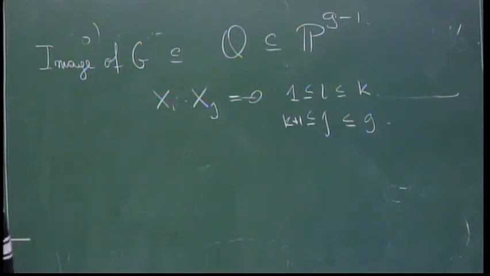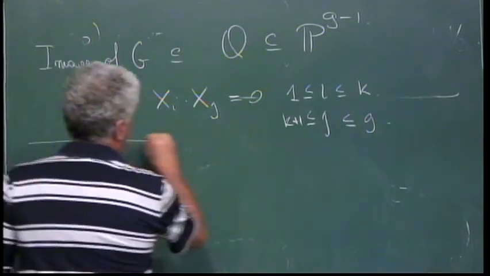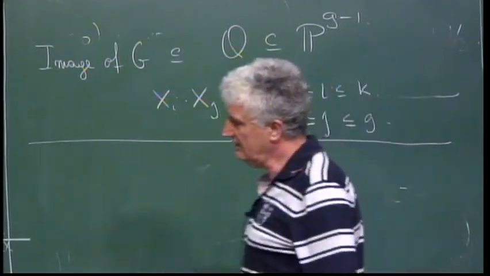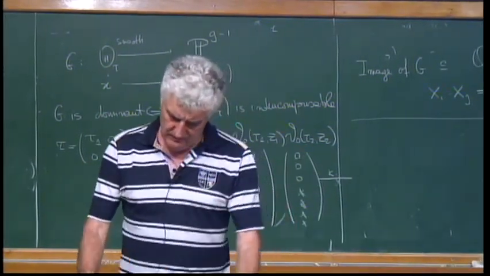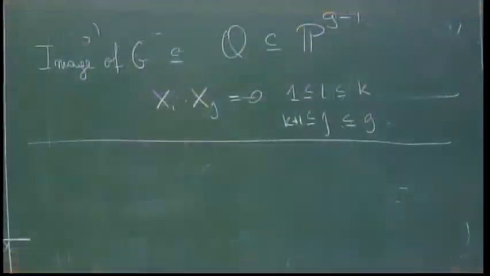This is k. So this is the image of the Gauss map. This is simple. So I want to prove the converse in a different way.